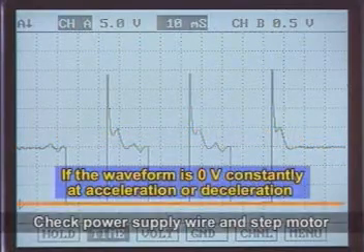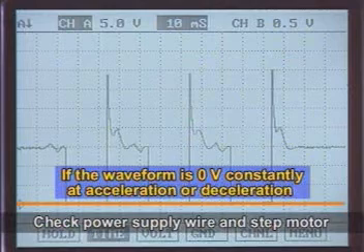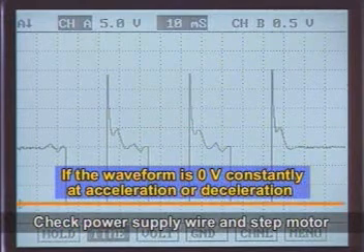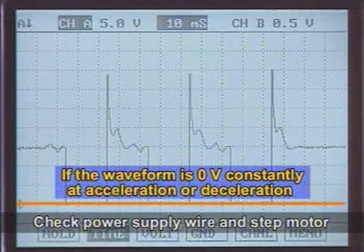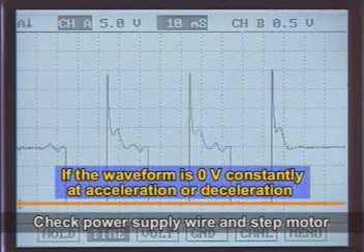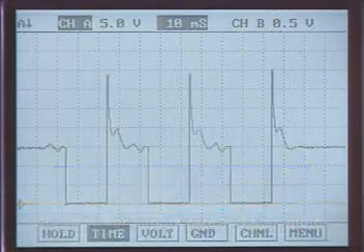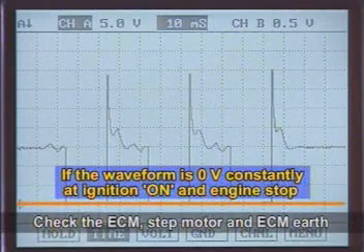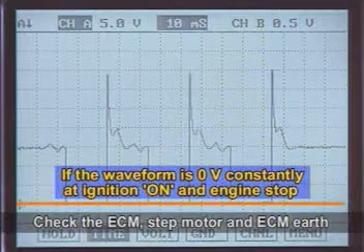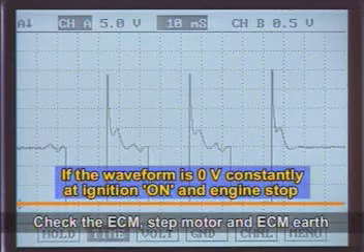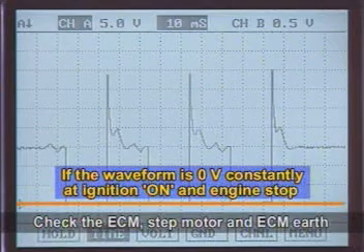If 0 voltage is displayed all the time regardless of acceleration or deceleration, we may also suspect the step motor coil disconnection or any wire disconnection from the battery positive terminal to the step motor. In addition, voltage at on state should be close to 0 volt, as shown in the figure. If not, there should be trouble in the ECM and wiring from the step motor to the ECM earth.